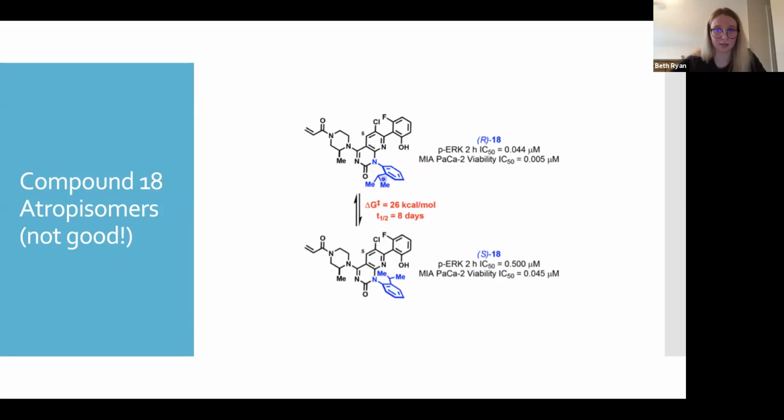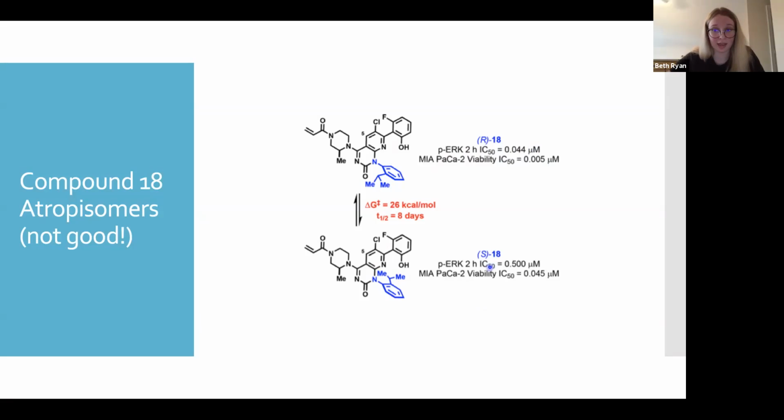So if you have this isopropyl group coming out at you, it has a pERK 2-hour IC50 at 0.004 micromolar and the MIA PaCa-2 viability at 0.005 micromolar. For both of these, lower is better. Fewer of the cells survive and less ERK is phosphorylated, so that's good. It means the pathway is inhibited.